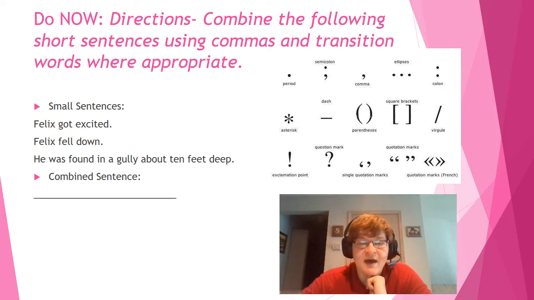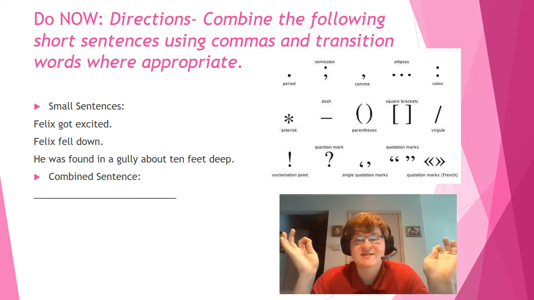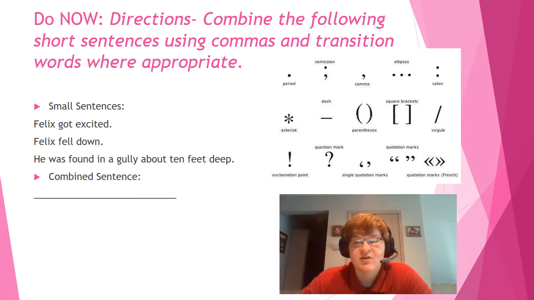How can we combine all three of these sentences into one sentence? Check the graph here as well for some commas, transition words, and grammar techniques. You can use a comma, you can use ellipses. I would even recommend a colon. Really not going to use anything like an exclamation point or question mark for this right now.